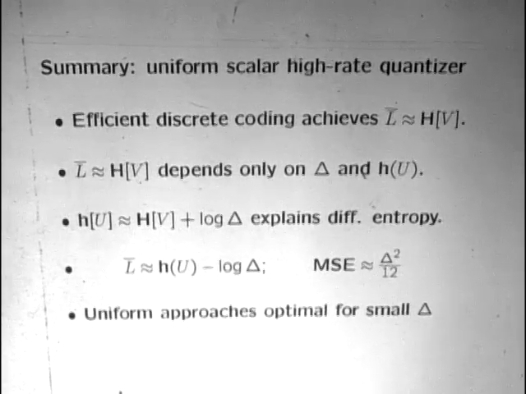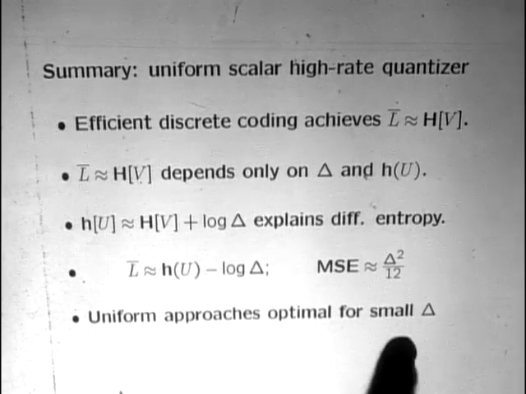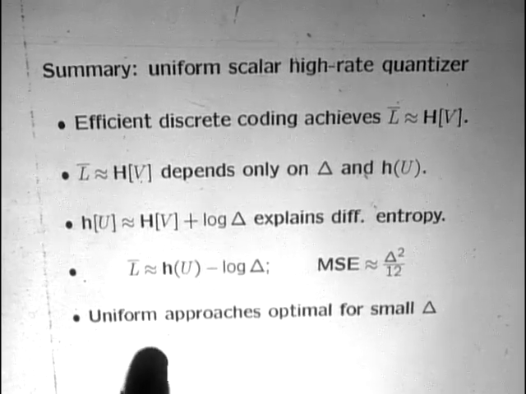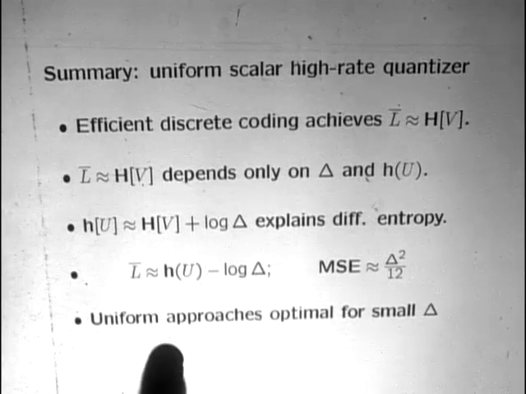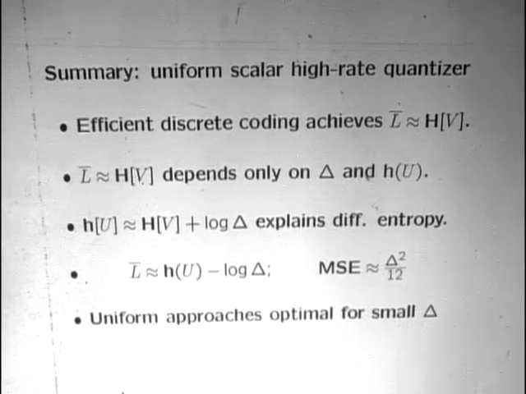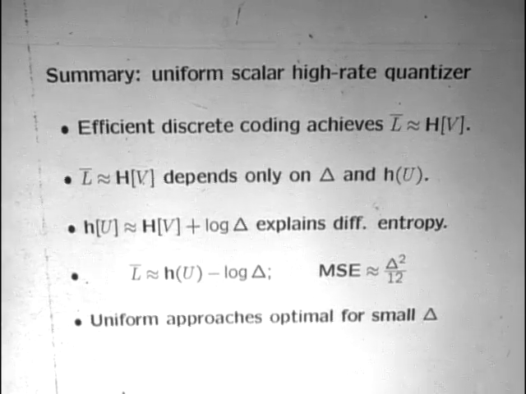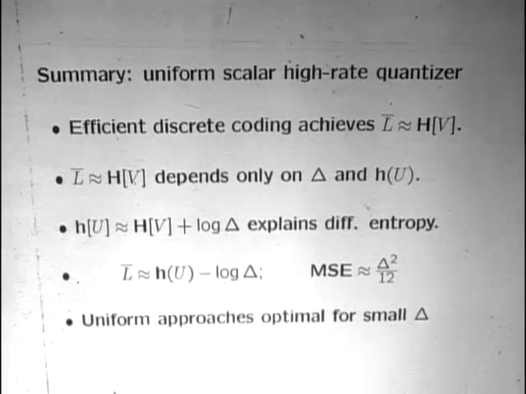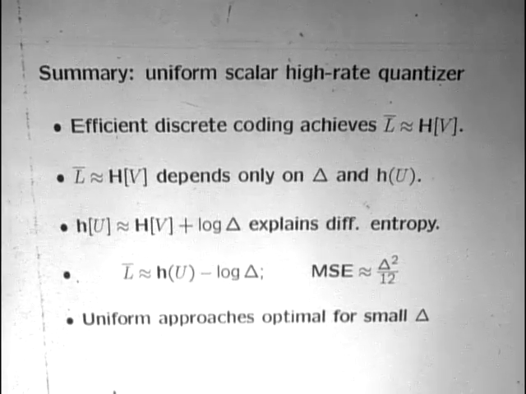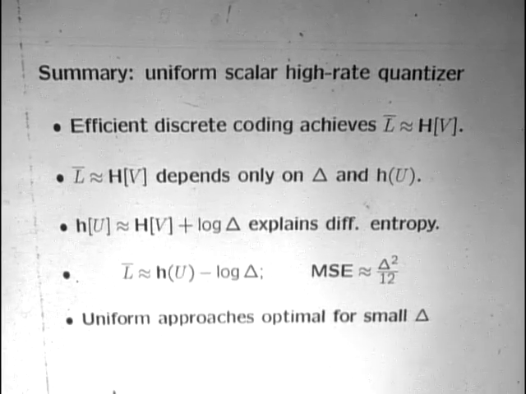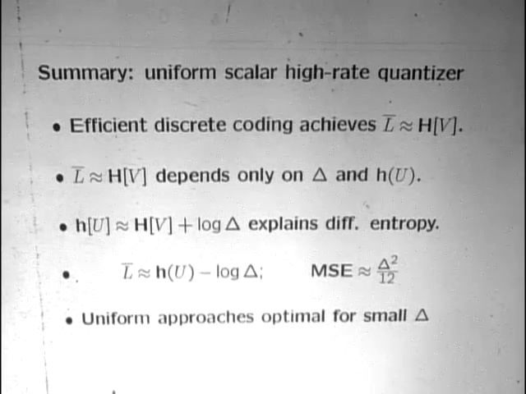Okay. Now, I've added one thing more here, which I haven't talked about at all. This uniform scalar quantizer, in fact, becomes optimal as delta becomes small. And that's not obvious. It's not intuitive. There's an argument in the text that shows why that is true. It uses a Lagrange multiplier to do it.